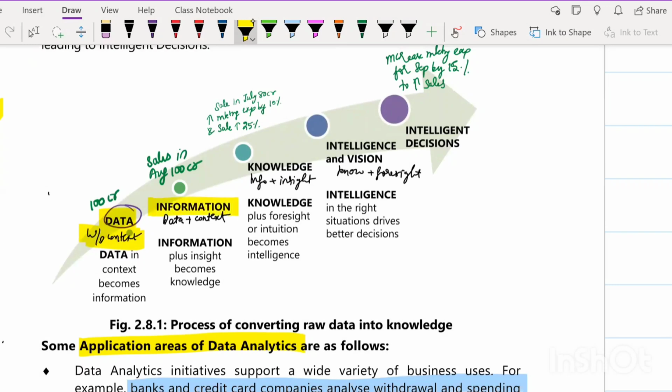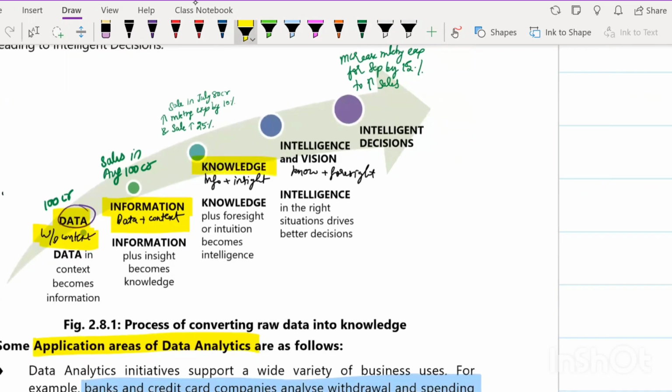Now, what is information? Information is nothing but data given with context. Rather than saying just 100 crores, I'll tell you that sales in August is 100 crores. So that is your information, which is your data with a context to it. Next, what will be knowledge? Knowledge is whatever information you have, plus your insight.